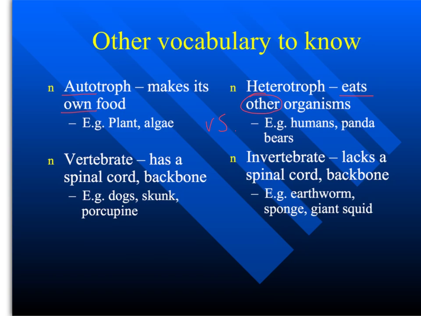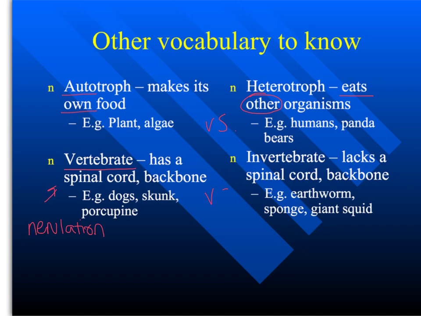2 more vocabulary words to hit on. The first one is vertebrate. So if you're a vertebrate, you have a spinal cord and a backbone. So these tend to be your organisms that have a more complex nervous system because of the spinal cord. This happens in a step of development called neurulation, where you develop your nervous system.